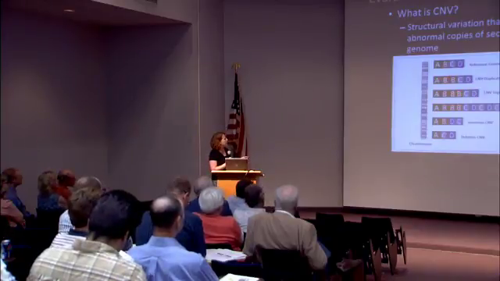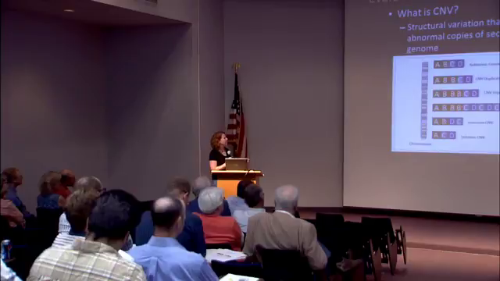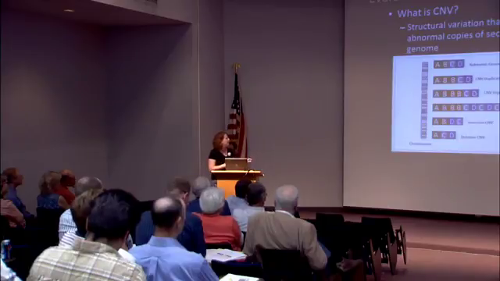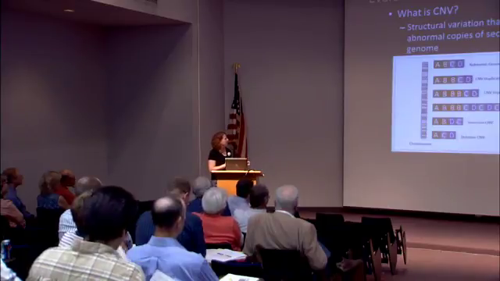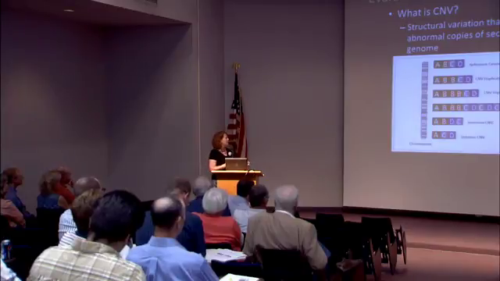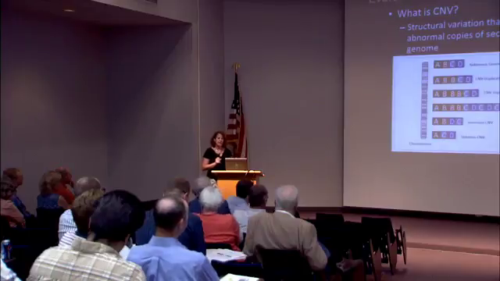For example, you can get a duplication, where B is represented two times, or a triplication. You can also have a complex CNV where you have duplication, triplication, everything you can throw at it. You can also have an inversion of the genome. And what I'm going to present today is a deletion, where a part of that sequence is missing in the animal.